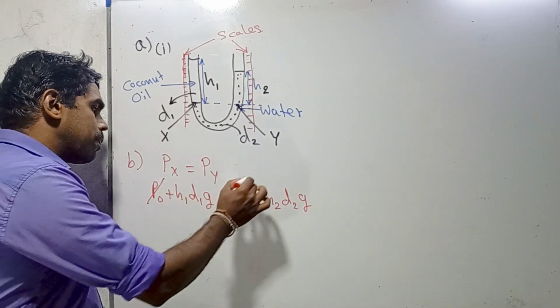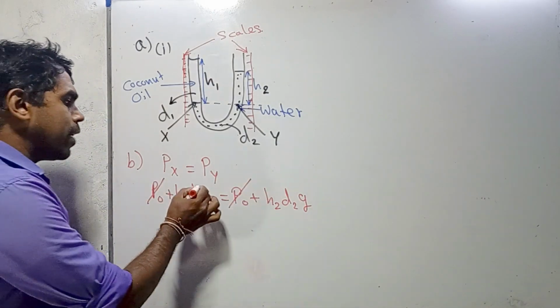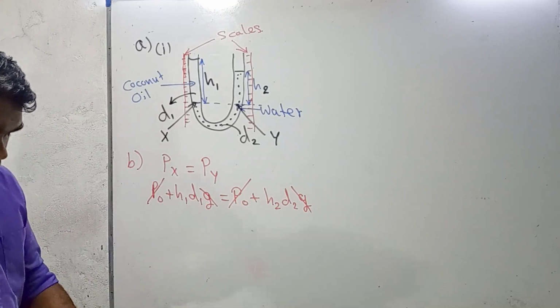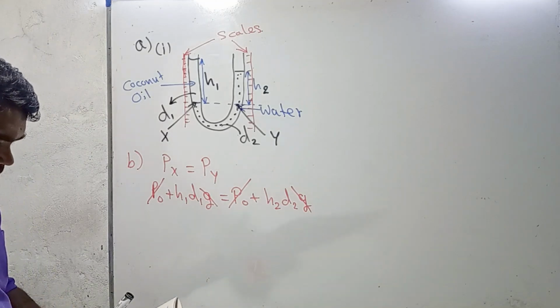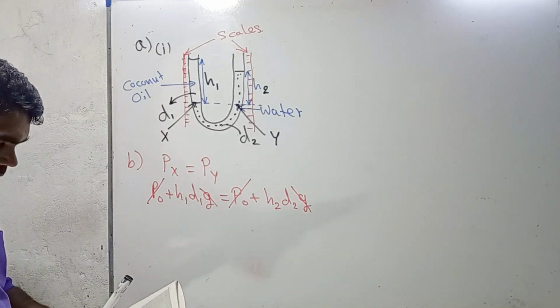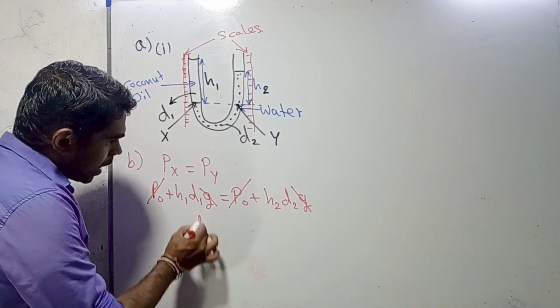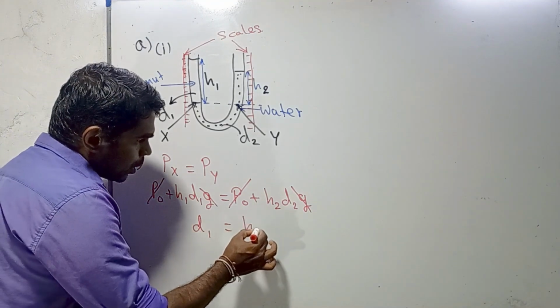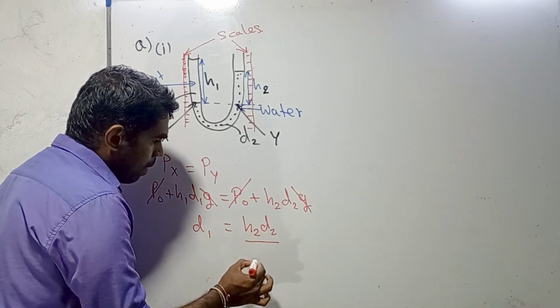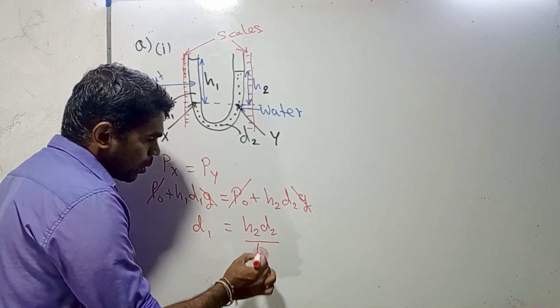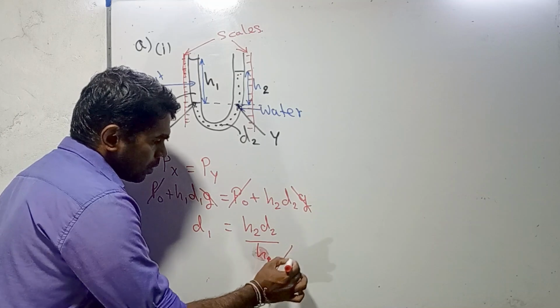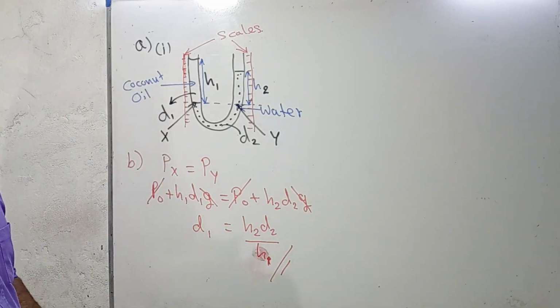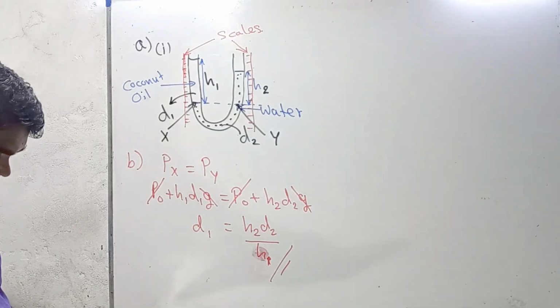Now we can cancel out P0 and P0. After that, we can cancel out g and g. Now we have to get the relationship for D1. Then I will make D1 the subject: D1 equals H2, D2 divided by H1. It is compulsory that we make D1 the subject.